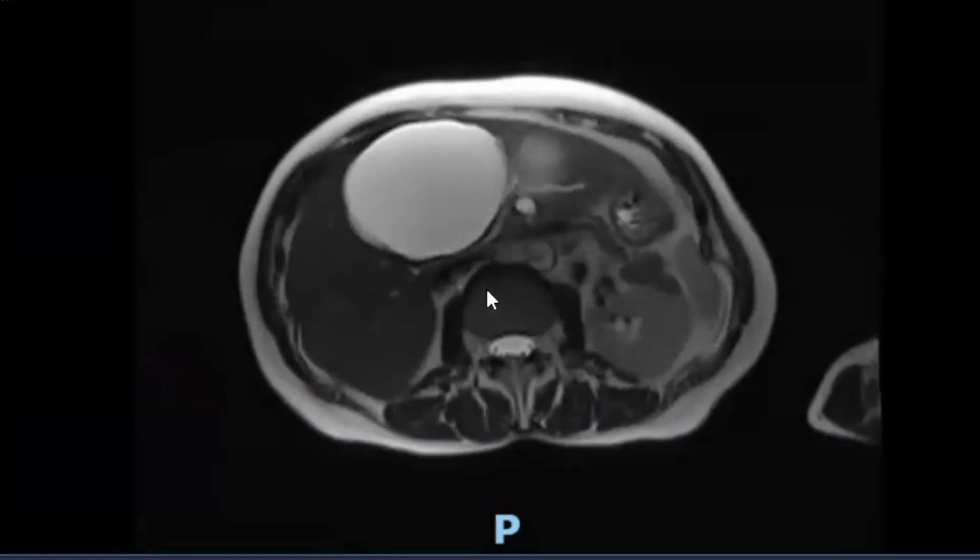Yes, it's a 68-year-old lady, completely fit, no symptoms, ultrasound done because she was sent by her GP just for a screening ultrasound. And liver function tests are completely normal.